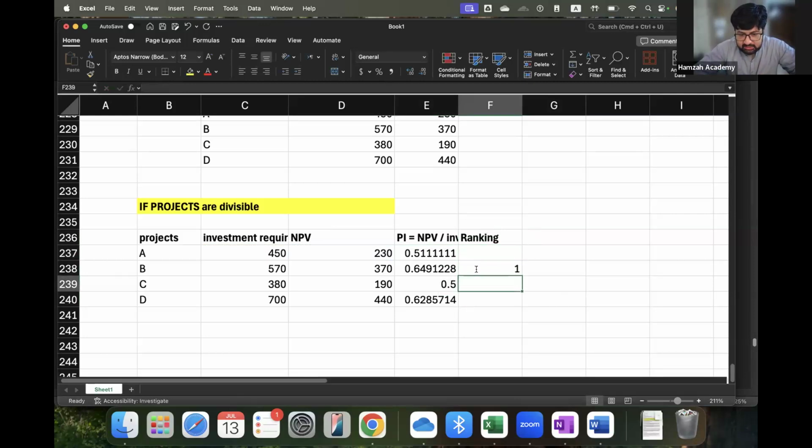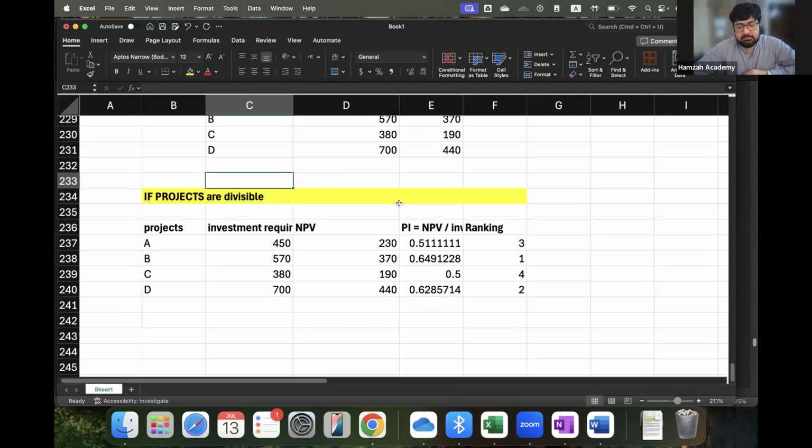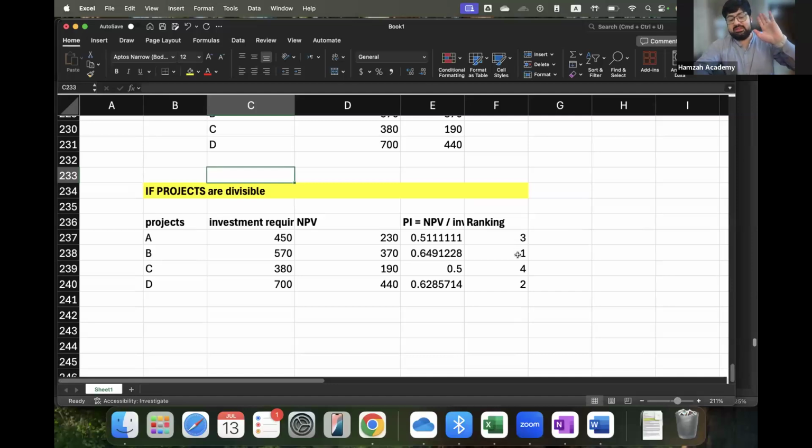Highest 1, 2, 3, and 4. So that is if projects are divisible. Now ranking has been done. Project with the highest profitability index.